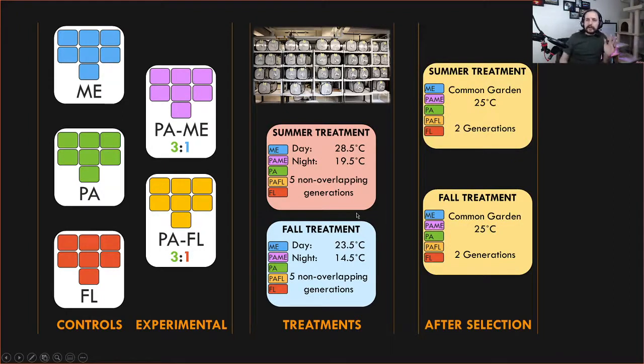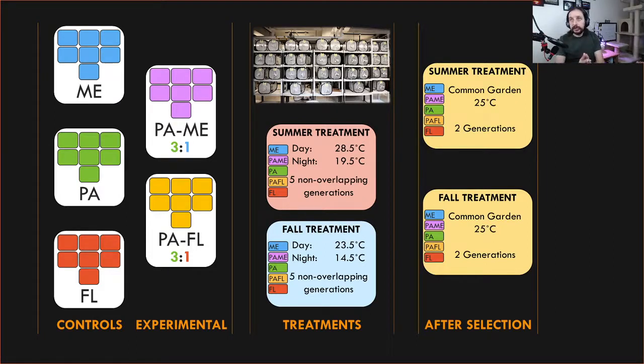By the way, I let them go for 5 generations, non-overlapping. Non-overlapping means I collected eggs and let them develop, but every time I collected eggs, I discarded the adults, so that there's no overlap between the generations. After the experiment, I want these results to be comparable to each other.